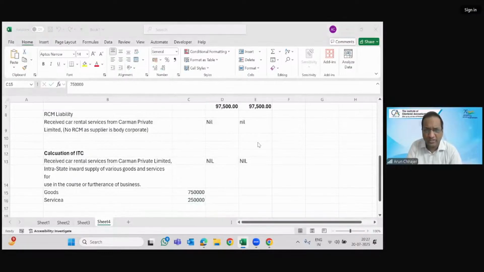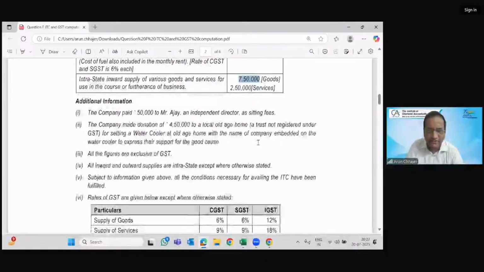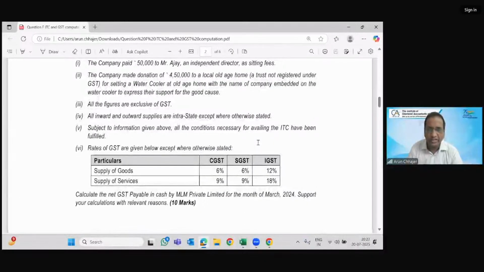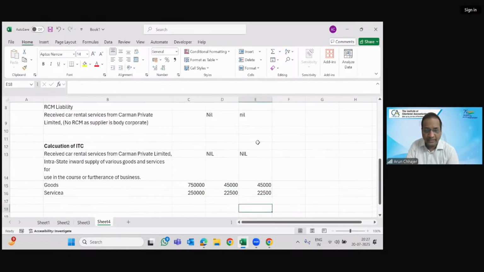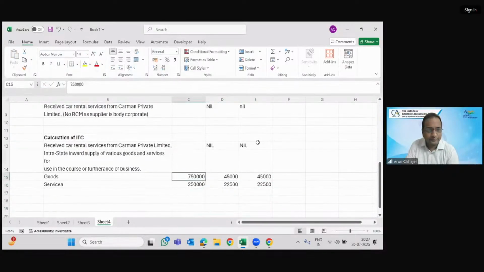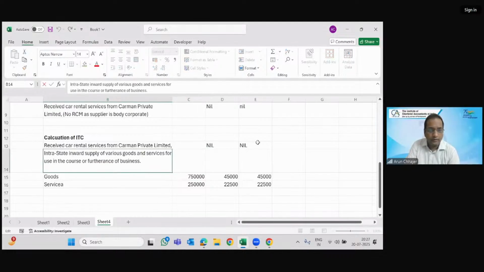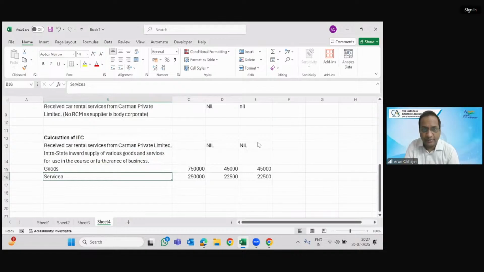What is the rate on goods and what is the rate on services? 6% on goods and 9% on services. Okay. Calculation of ITC. Let's move further.